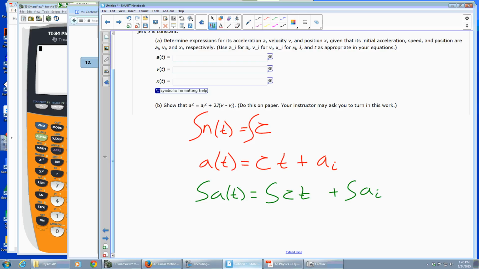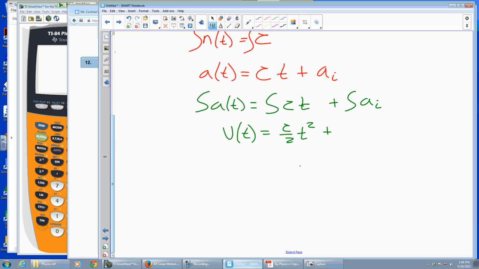I get V with respect to time, and I get C over 2 T squared plus A initial T plus a constant, which is going to be my V initial.